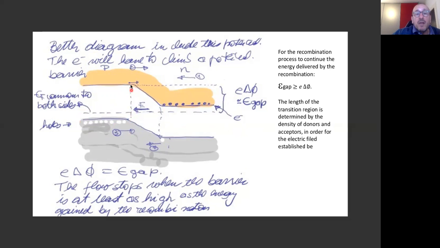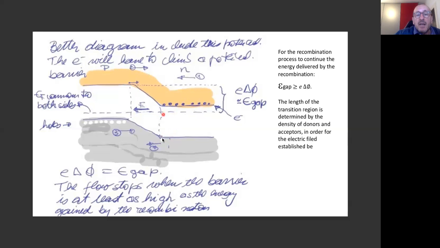If I could also have electrons going that way, if I actually can excite an electron from the valence band to the conduction band on this side, this one is also going to contribute to the current, but in the opposite direction to these electrons here. So this will have a minus sign with respect to this one. But I also have the holes here.